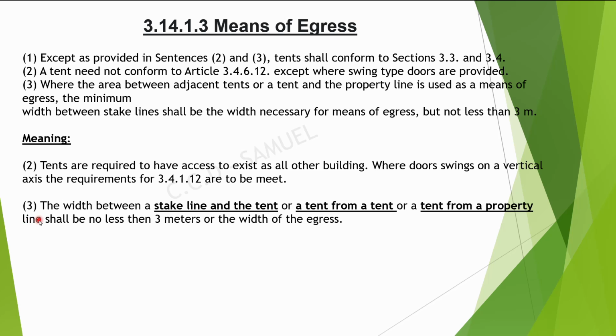In sentence 3, the width between a stake line and a tent, or a tent from a tent, or a tent from a property line shall be no less than 3 meters, or the width of the egress. Basically, if you're going to place a tent on a property, it must not be less than 3 meters away from that property line or from any other tents.